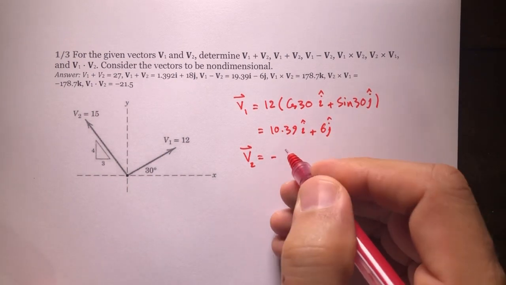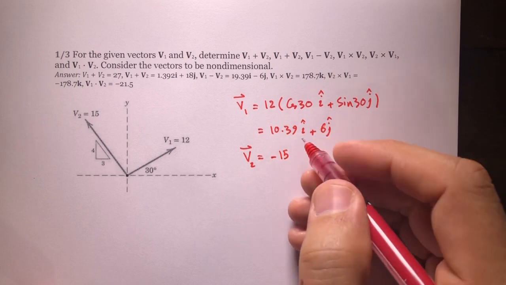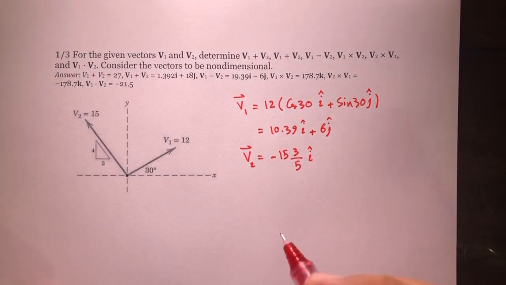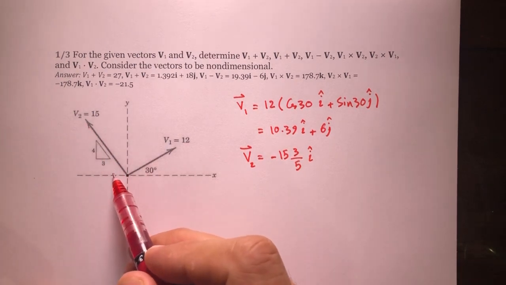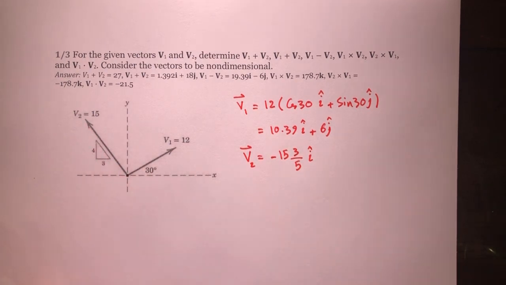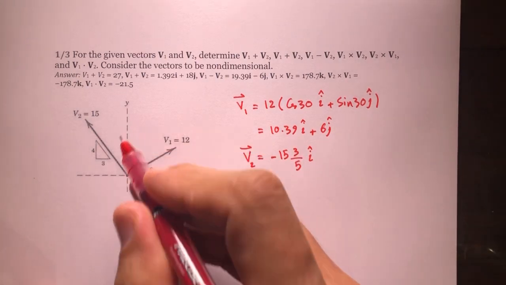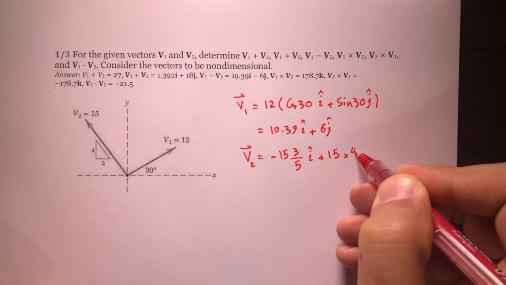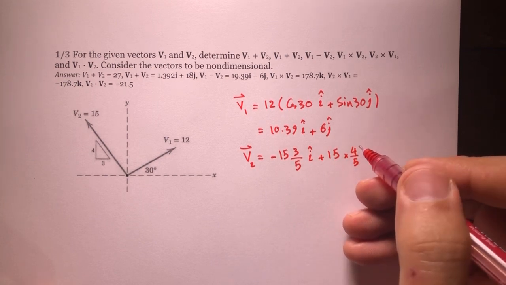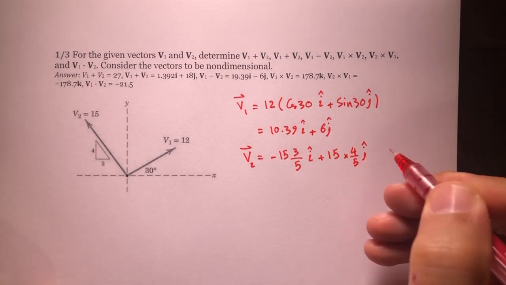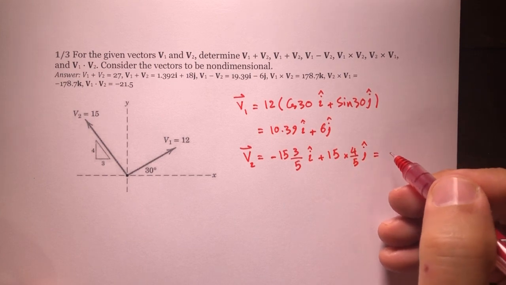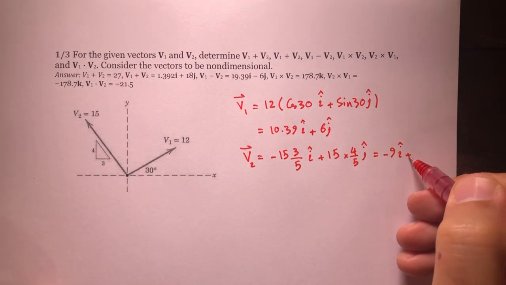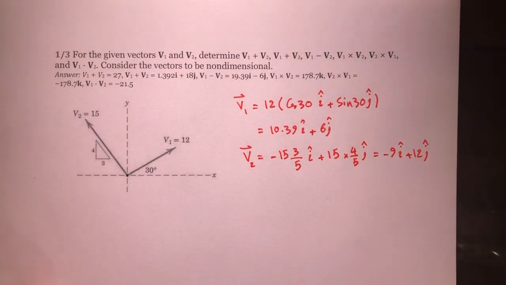So I'm going to have negative 15 times 3/5 in the I direction. And in the same way, 15 times sine of this angle, which is going to be 4 divided by 5, and it is in the positive j direction. So I'm going to have plus 15 times 4 divided by 5 in the j direction. So it's going to be equal to negative 9 in the I direction plus 12 in the j direction.